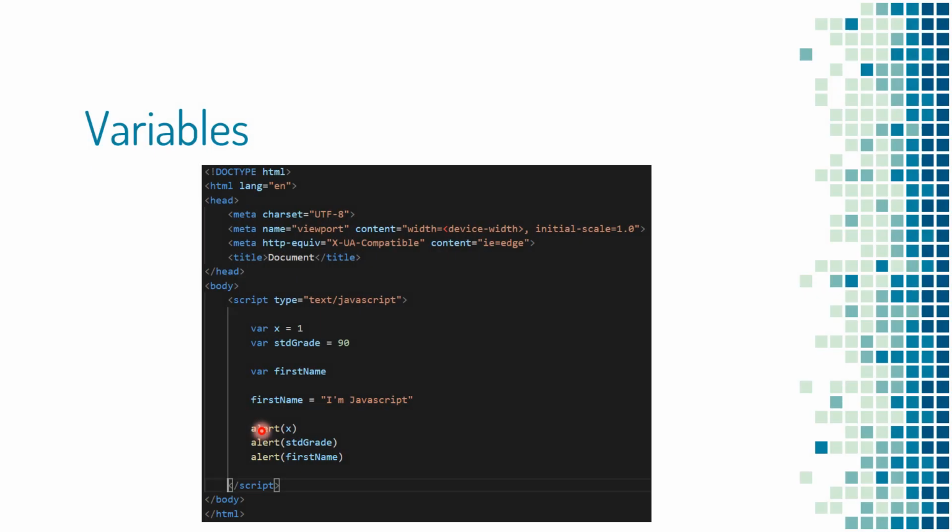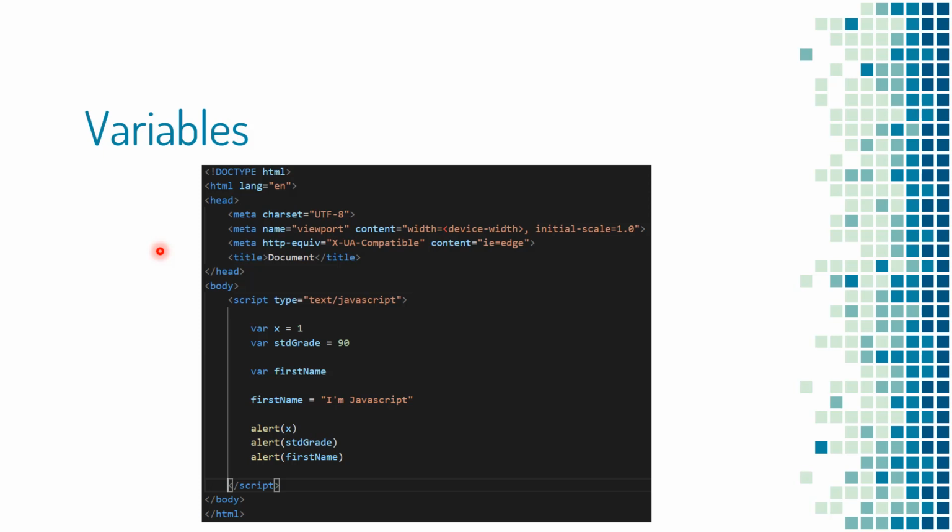Another important building block for any programming language is the variables. A variable is just a placeholder in the memory where you can store your data during the running of your application. JavaScript is a really good programming language because it's not a strongly typed programming language like Java or C Sharp, where you have to decide the data type of the variables before you may use it.